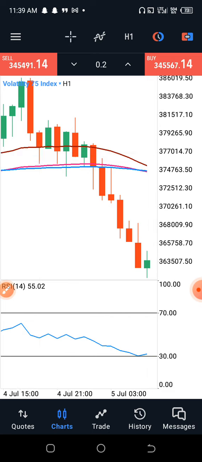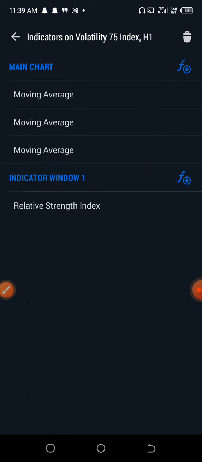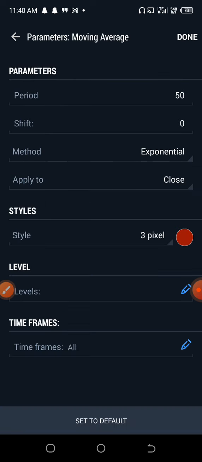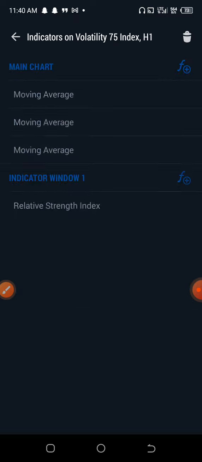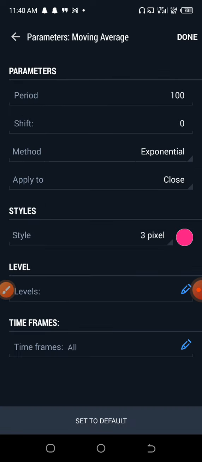Before I move on, let me give you these indicators so that as I mention their names, you'll be able to follow them. All right. Now, the first moving average is 50, exponential, applied to close. Use any color of your choice. The second one is moving average 100, which is this pink color here.